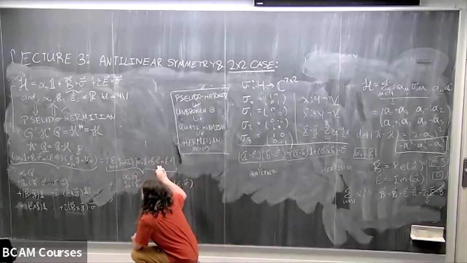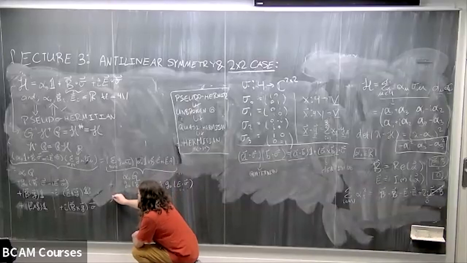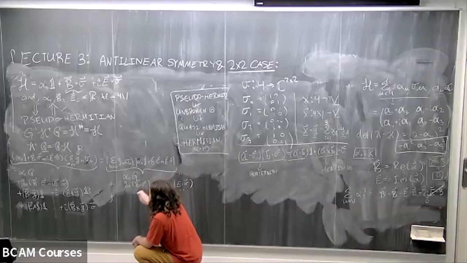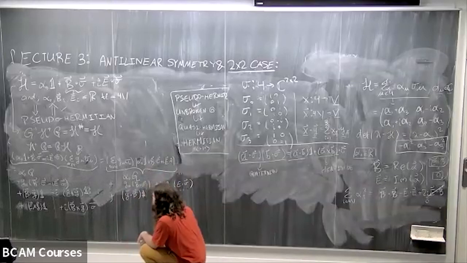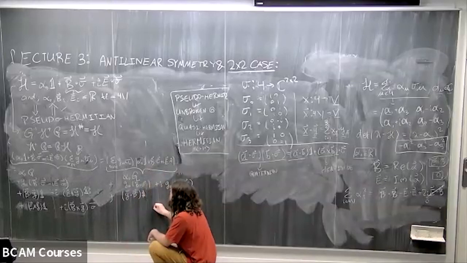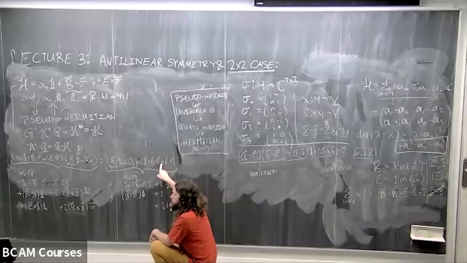Let's see, now we can multiply out the magnetic ones. Plus, let's see, so this should be the same. Yeah, now I have two more terms that show up. Yeah, this is a plus sign now.